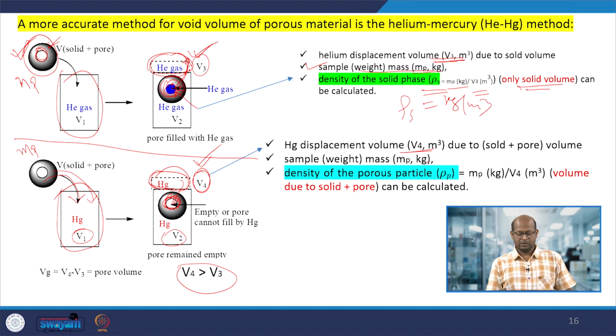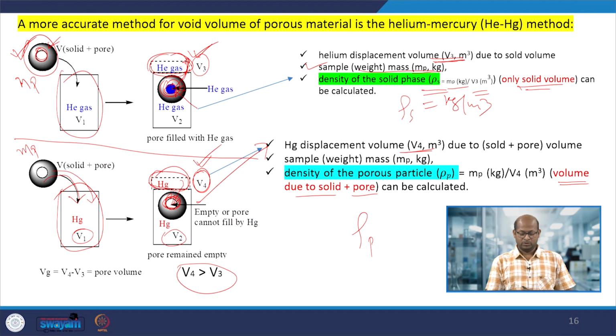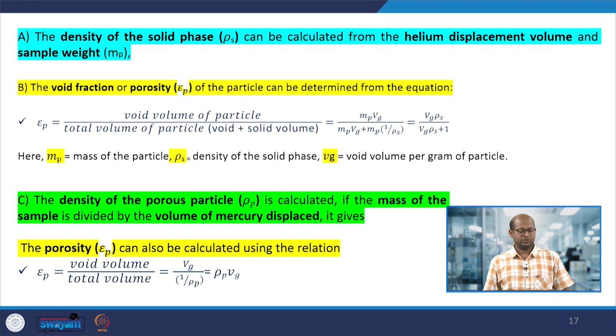Similarly, we calculate rho p, the particle density, which includes the volume of the solids as well as the pores. As the pores are not filled by mercury, here the displaced volume is V4 and Mp is the amount of material that was taken. So the density of the porous particles we can find out as Mp by V4, in kg per meter cube. So we can find the density of the material by these two ways.